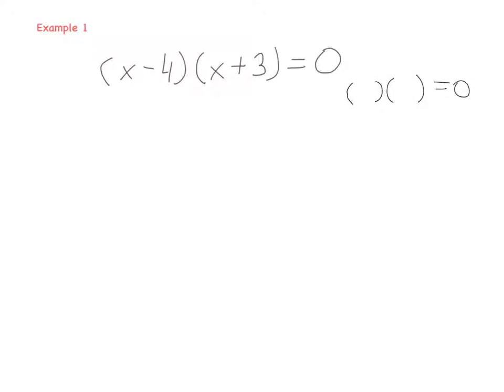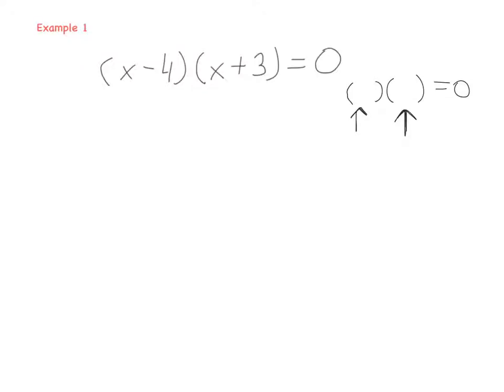When the first bracket equals 0, or the second one is 0, or both are 0. If we multiply two numbers and the answer is 0, one of the numbers, or one of the factors, has to be 0, okay?